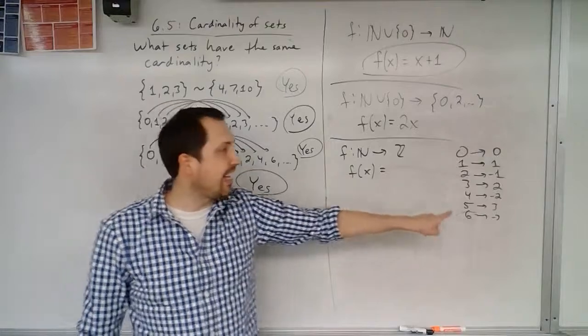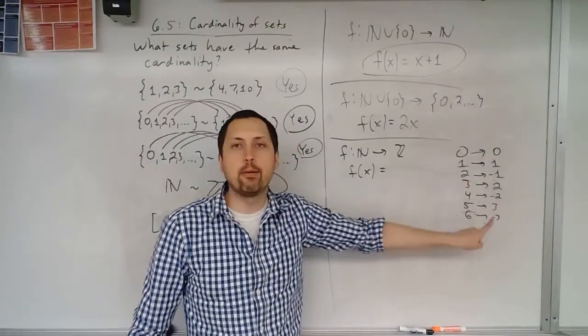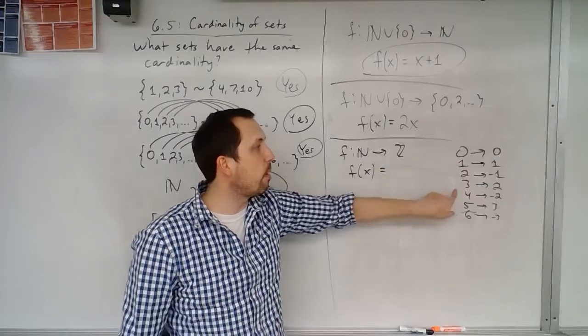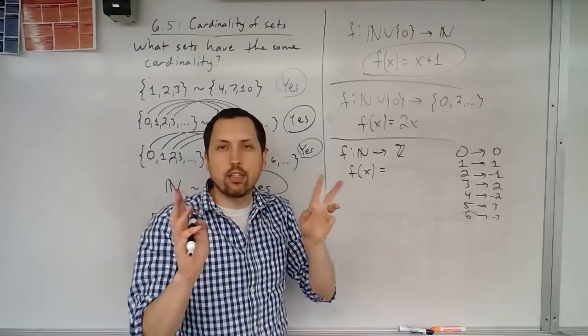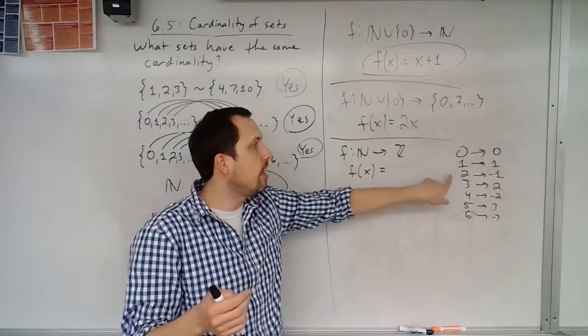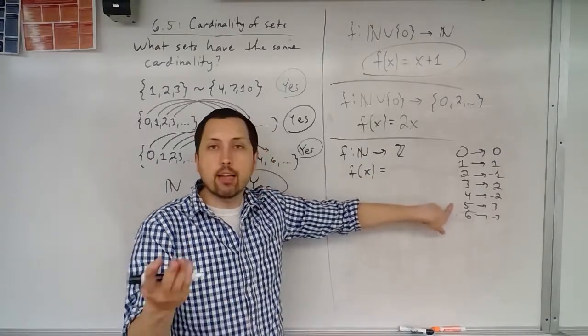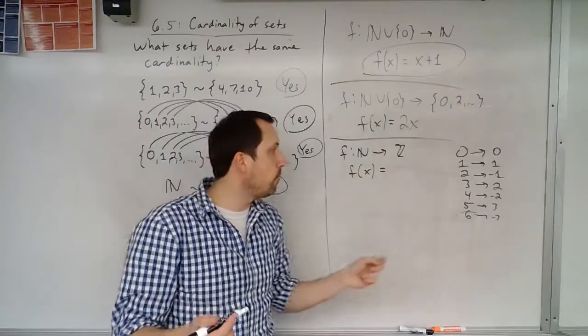So I can define this bijective map using a rule that basically says if you are an even number, you get mapped to the negatives, or I mean 0 gets mapped to 0, but otherwise you get mapped to the negatives. If you're an odd number, you get mapped to the positive ones. And so we can form this bijective function.